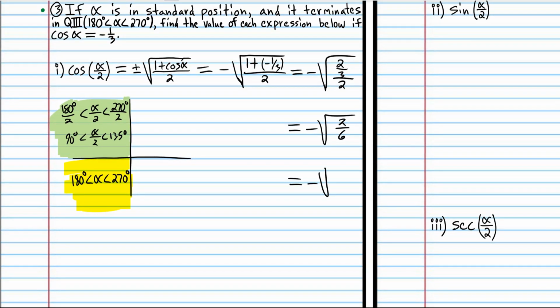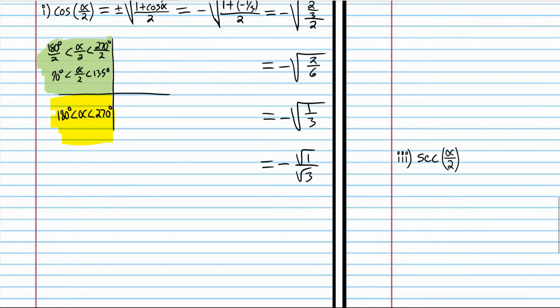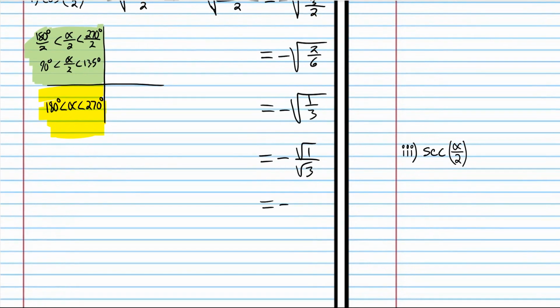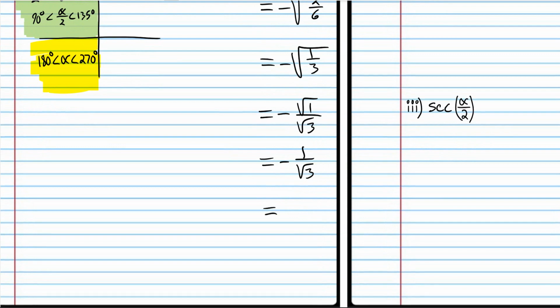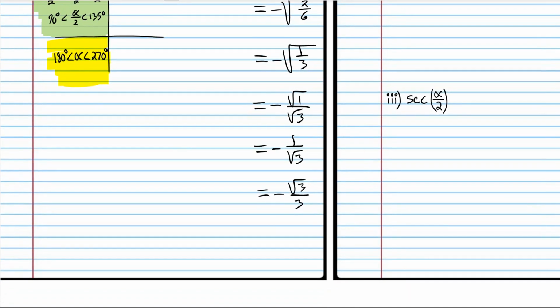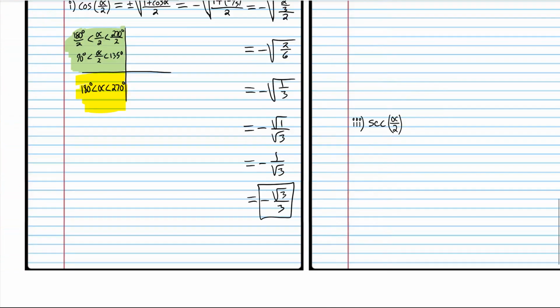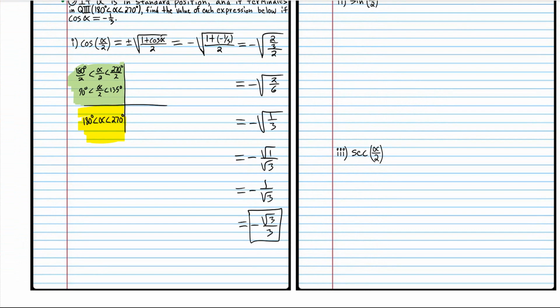So we have negative root 1/3. Using our root rules, we root the numerator and the denominator, and we get 1 over root 3. Multiply both sides of the fraction by root 3, and we get root 3 over 3, and that is our answer. So if you got that one right, excellent.